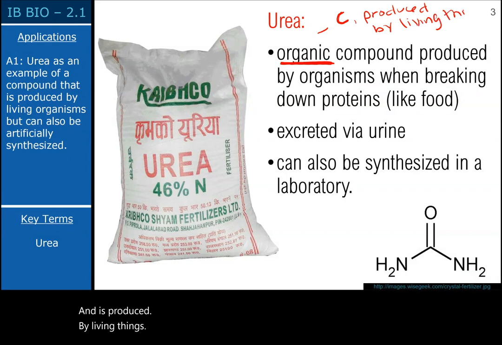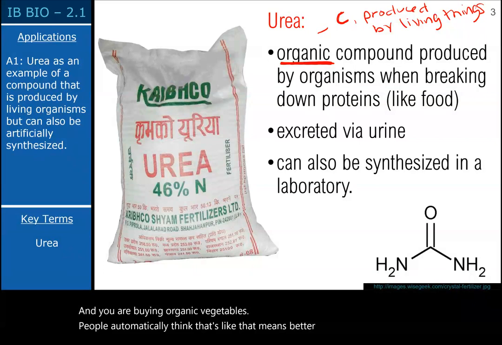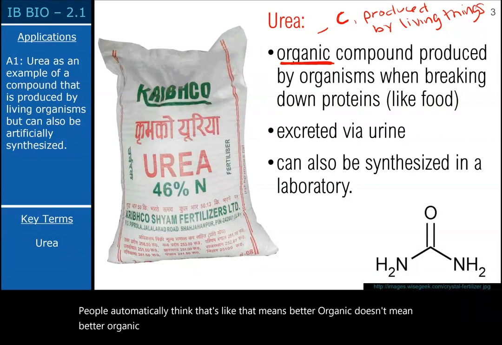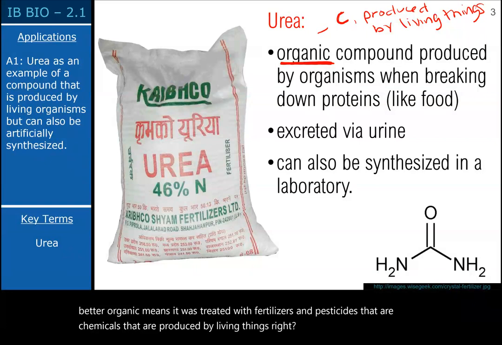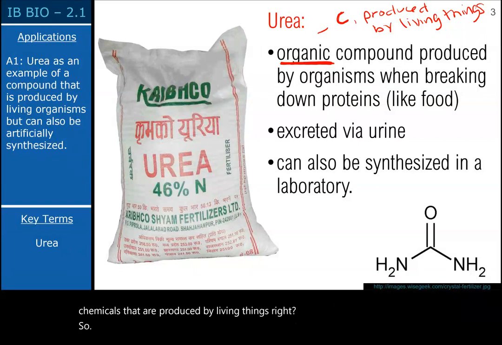So, when you go to the store and you are buying organic vegetables, people automatically think that means better. Organic doesn't mean better. Organic means it was treated with fertilizers and pesticides that are chemicals that are produced by living things, right? So, any venomous or toxic animal, that venom and those toxins, those are organic.